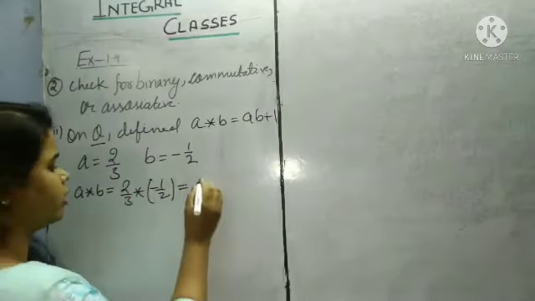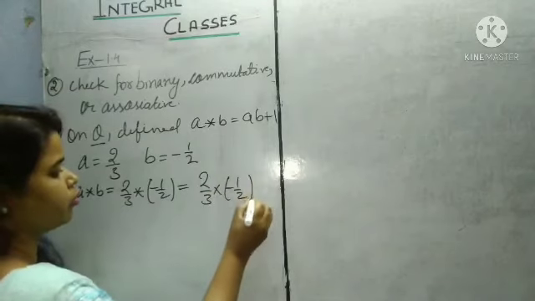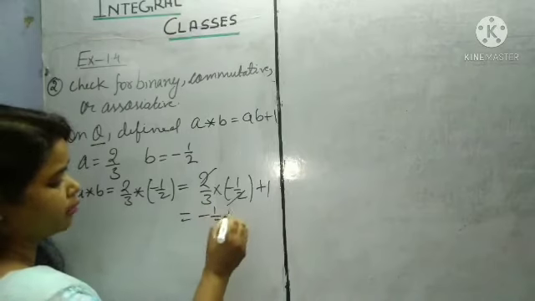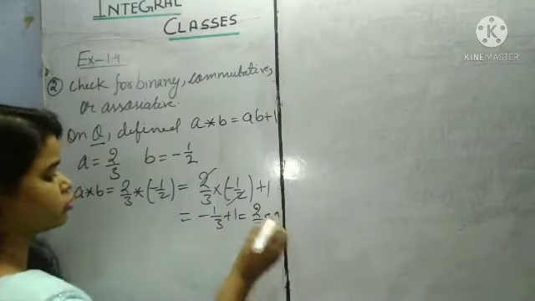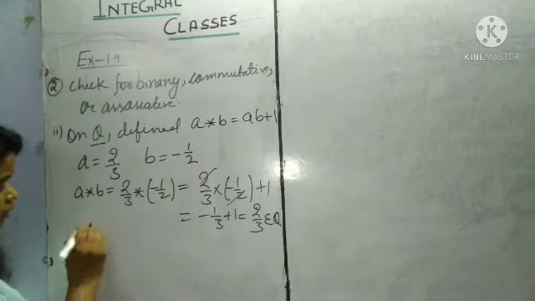Then we get 2 by 3 into minus 1 by 2 plus 1. 2 is cancelled, minus 1 by 3 plus 1. Then we get 2 by 3, which belongs to Q. So it follows the binary operation.